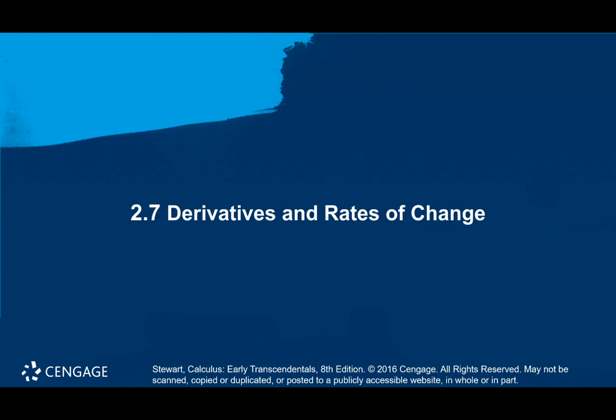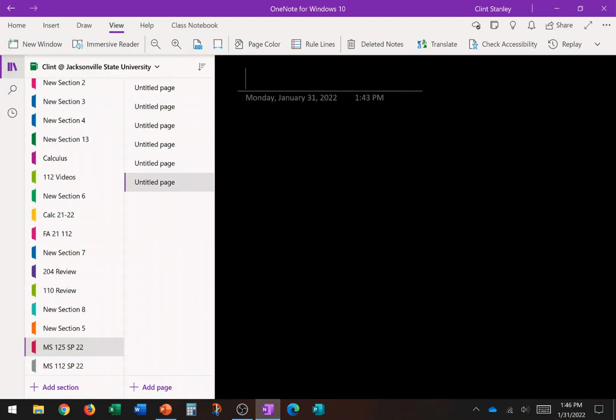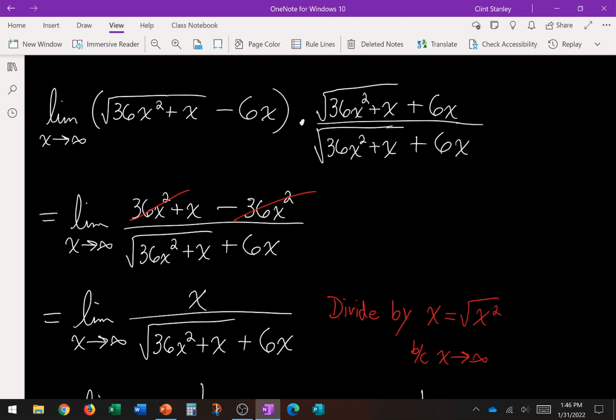So let's see, where do we leave off? We talked about limits at infinity. That was the last thing we were doing. We finished off looking at a few examples, and one had, if we thought about just plugging the number in, an infinity minus infinity situation, and we said we can't subtract infinity from infinity.